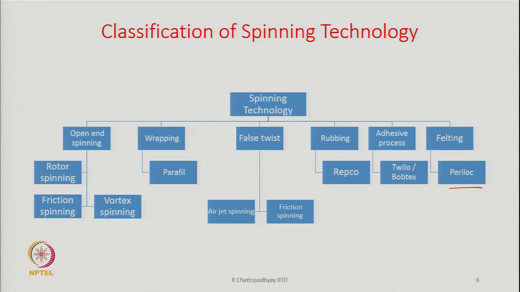So, you see that spinning technologies can be classified into 6 different groups, and you are going to learn about them in more details gradually. But out of all these, some of the spinning systems are very popular and commercially very successful. So, the emphasis will be more on those systems which are commercially successful and also running in the industry.